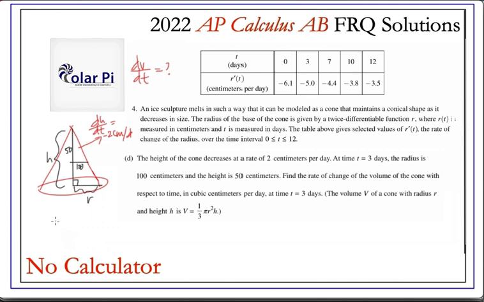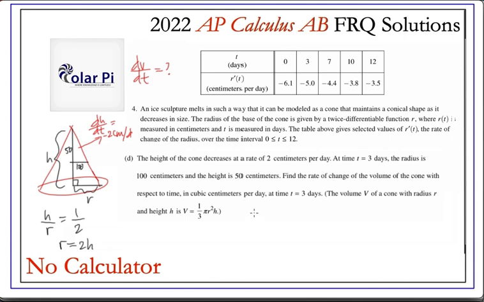Okay, and this is h, and this is r. So we see that h is to r, using similar triangles, as 50 is to 100, which is the same as 1/2. Cross multiplying, we get r is equal to 2h, right?